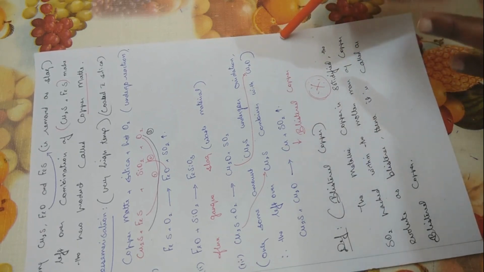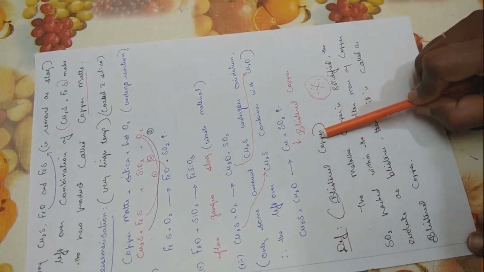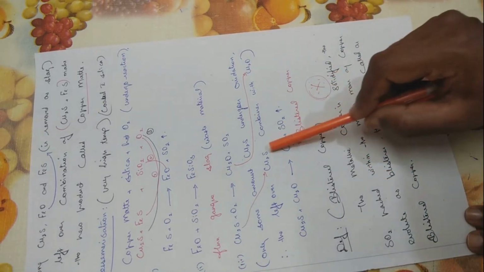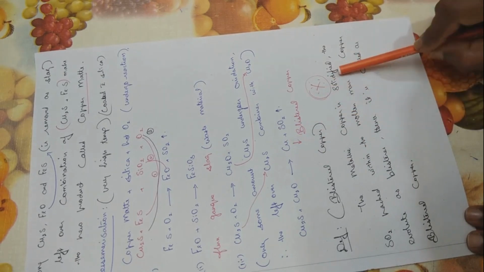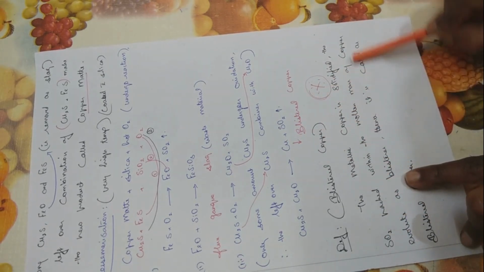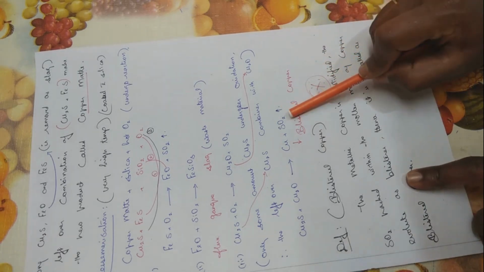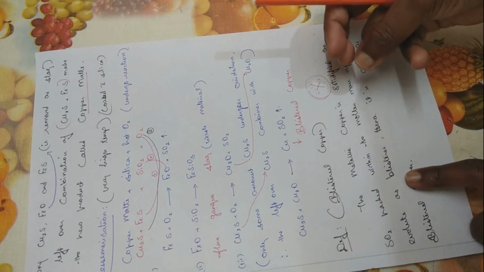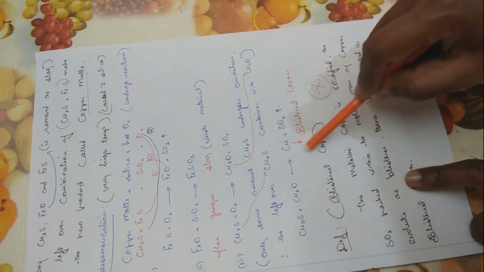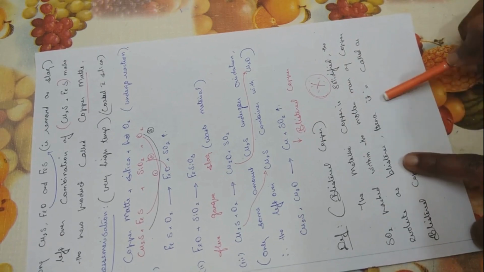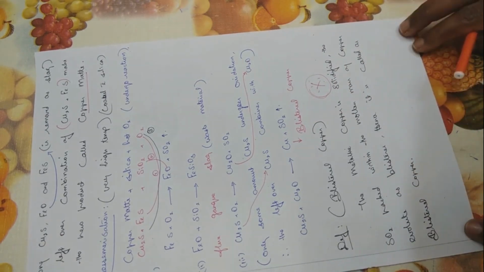Now what's the definition of blister copper? The metallic copper is solidified. When we solidify the copper, the sulfur dioxide is packed within the molten mass of the copper. Sulfur dioxide gas gets out, but again some amount of sulfur dioxide gas will remain mixed with the molten copper. It evolves as blisters, hence it's called blister copper.